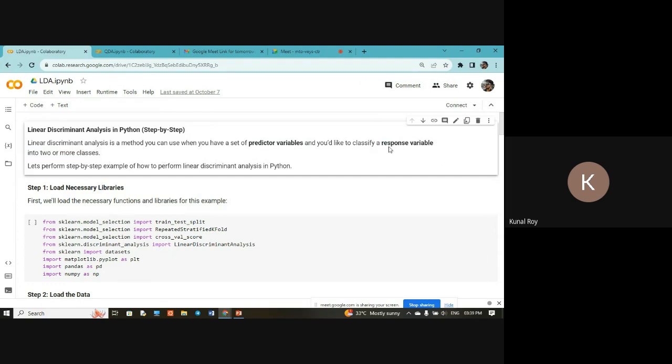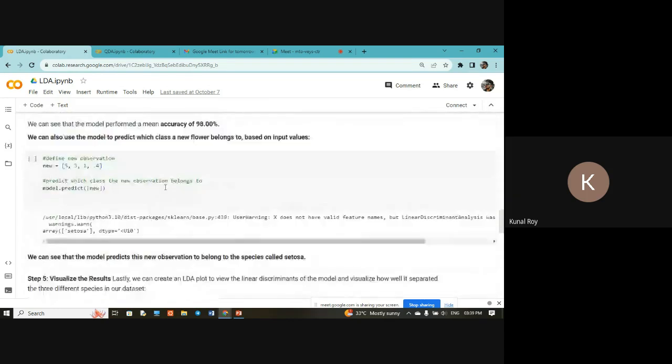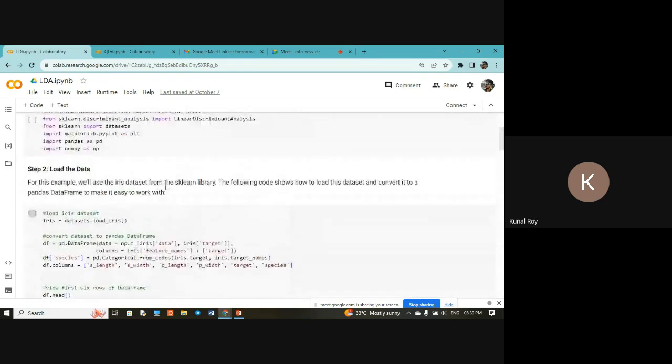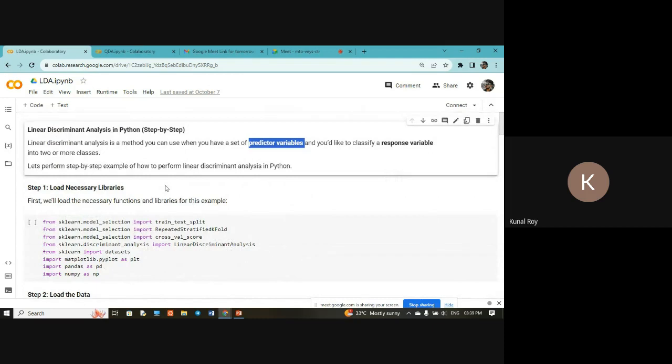The response variable is nothing but a label, and the predictor variables are the sepal length, sepal width, and so on. There are a total of 5 steps in the practical approach to implement linear discriminant analysis for classifying the plant species data.